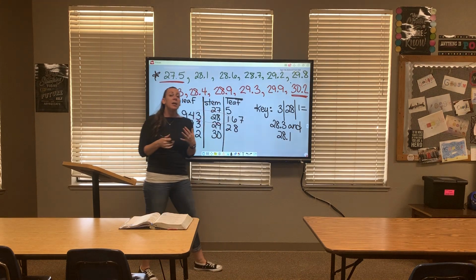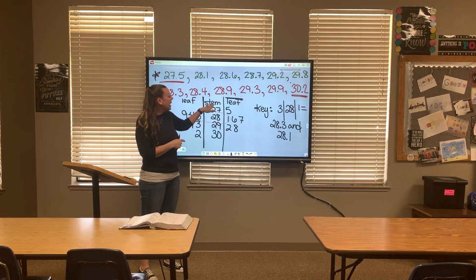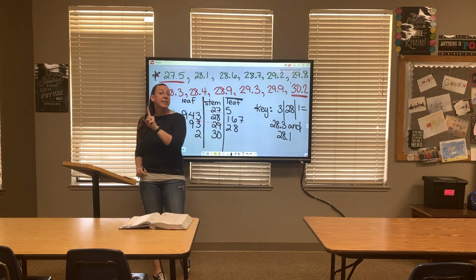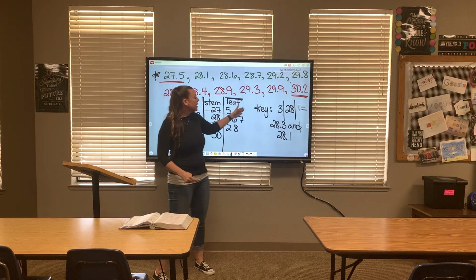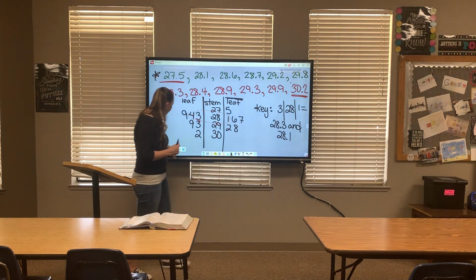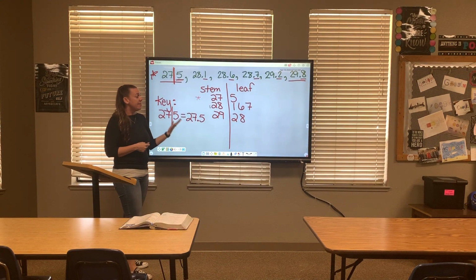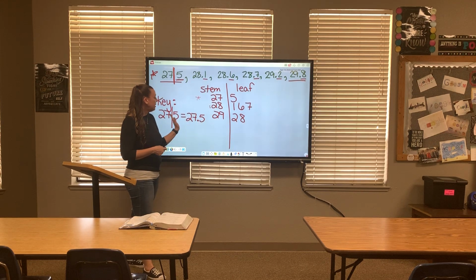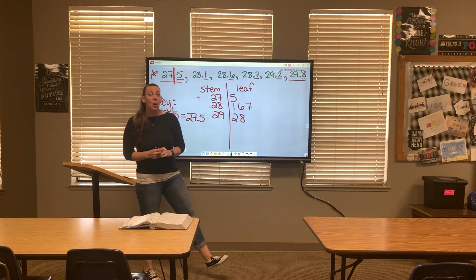So don't forget your stem and leaf, you need to recognize the stem, recognize the leaves. Your leaves can only be 1 digit at most, and then your key has to give both, okay, if it's a double stem and leaf plot. If it's a single stem and leaf plot, then it needs to give just the one side, what that leaf represents. Okay, good luck.